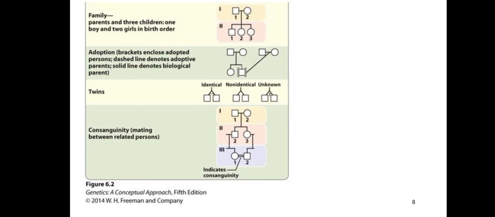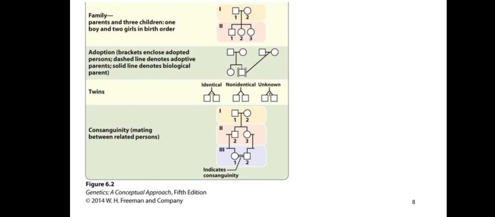And the offsprings are siblings to each other, and that's it. If we have to indicate adoption, then we will put a bracket around the person who was adopted, and we will draw a solid line that denotes the biological parents, and indeed we have to mention the biological parents as well in that pedigree.